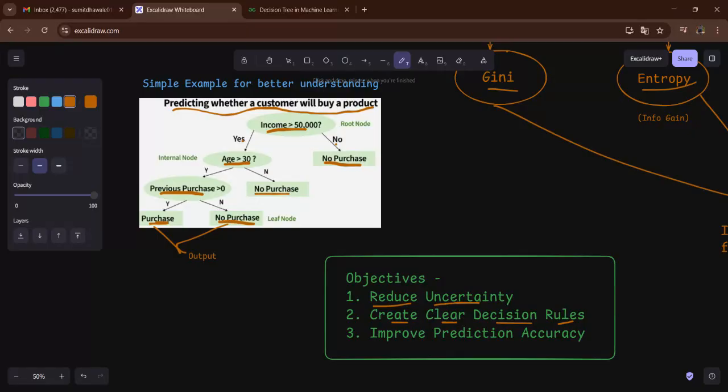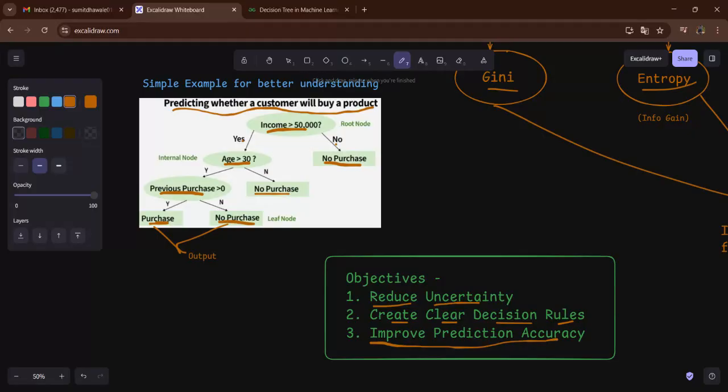If the income is greater than 50,000, then we can choose yes. If the income is less than 50,000, then automatically it goes to no. Likewise, we can get clear decision rules by using decision tree algorithms, and we can improve the prediction accuracy.